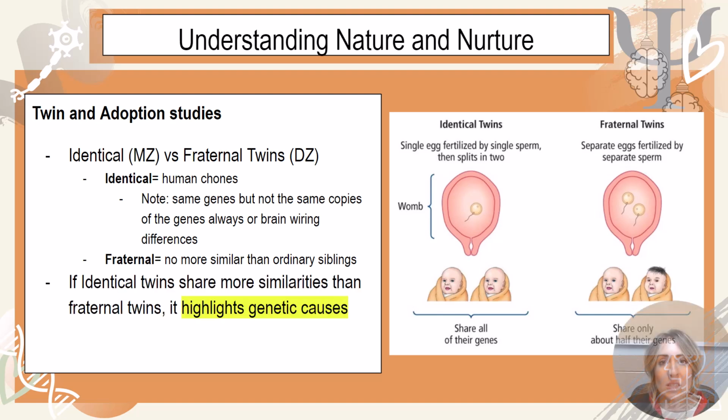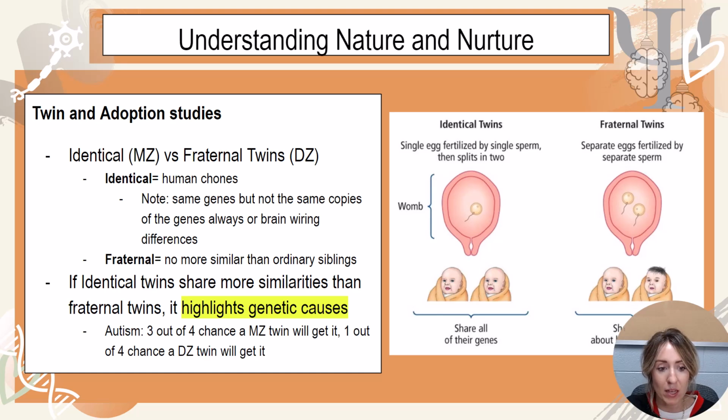So when we study identical and fraternal twins, what we find is that identical twins share more similarities than fraternal twins. It highlights a genetic cause. What's an example of this? If we look at identical twins versus fraternal twins, we see that with autism, if one identical twin has it, the other twin has a 3 out of 4 chance, versus if it's a fraternal twin, they have a 1 out of 4 chance. So a significantly higher chance if they are identical, which points to a strong genetic connection.